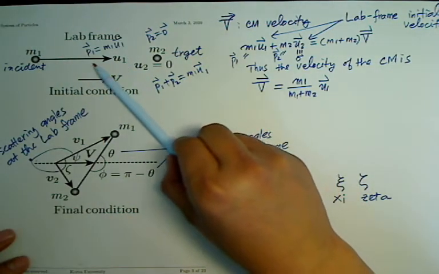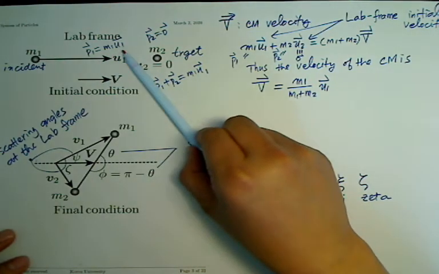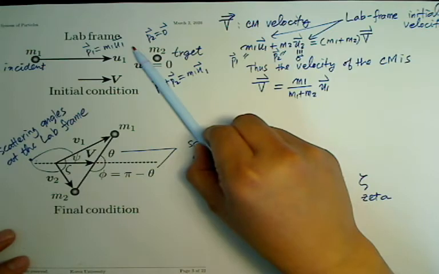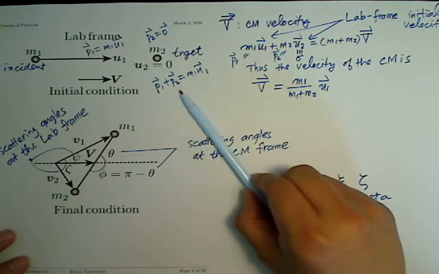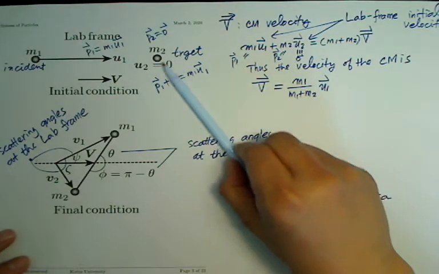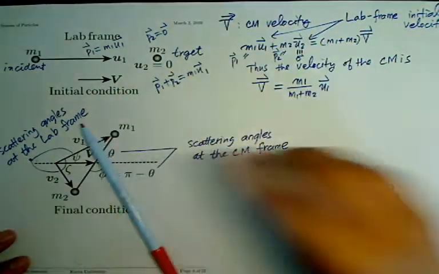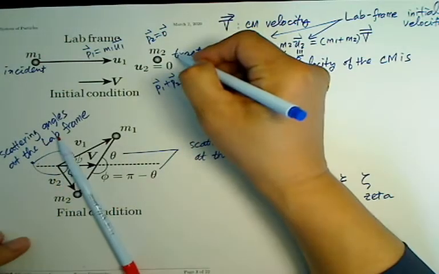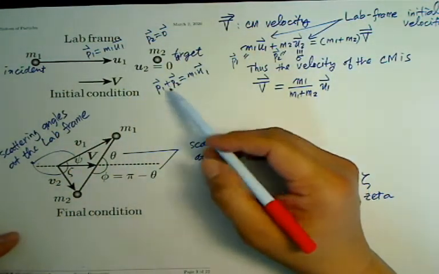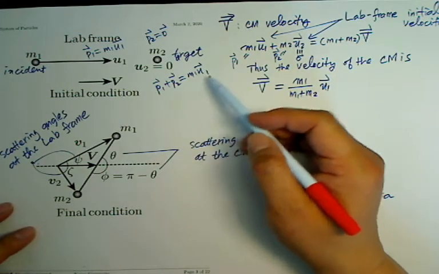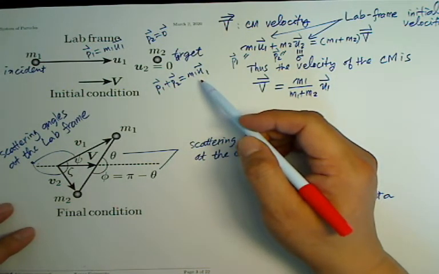Thus, the linear momentum of the incident particle is p1 equals m1 times u1. The total linear momentum of the system is p1 plus p2, and because the target is at rest, it is p1 plus p2 equals m1 u1.